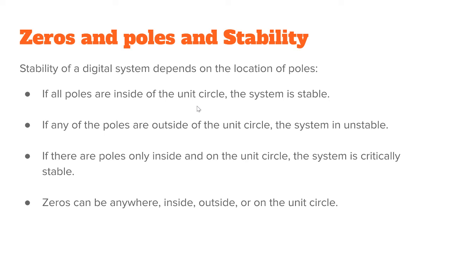All right. So the stability criterion is similar to analog systems. In analog systems the imaginary axis is where your frequency is. Here, the unit circle is where the frequency is. Inside is stable, outside unstable, on the unit circle is critically stable.